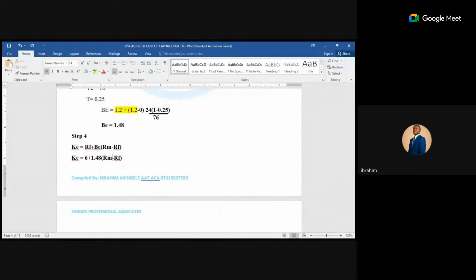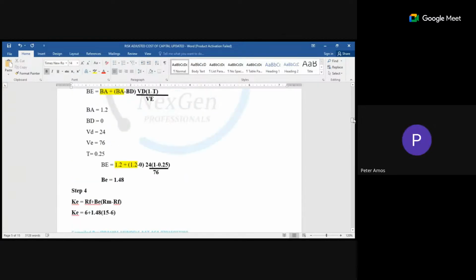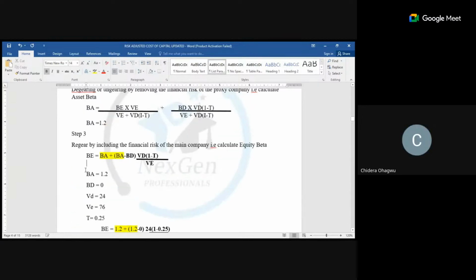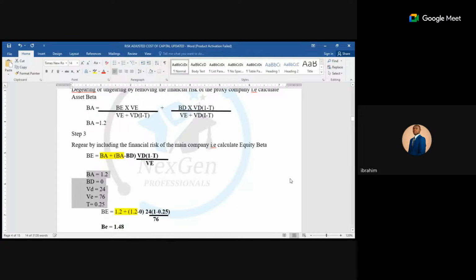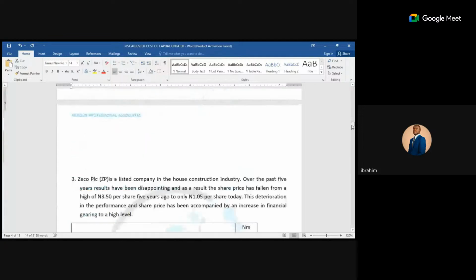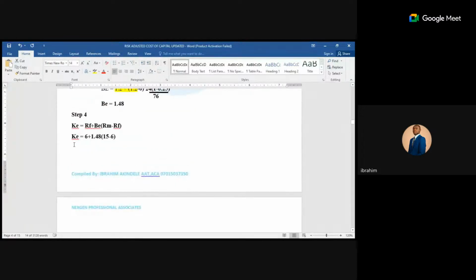Market return, what is our market return? 15%, minus risk-free. So what is the cost of equity? 19.3. Okay, makes sense.